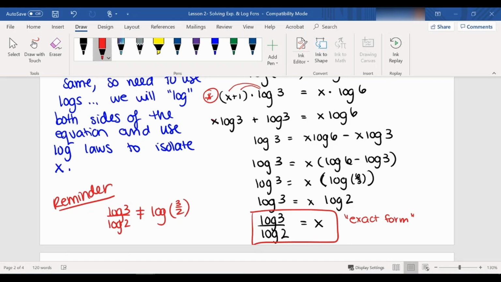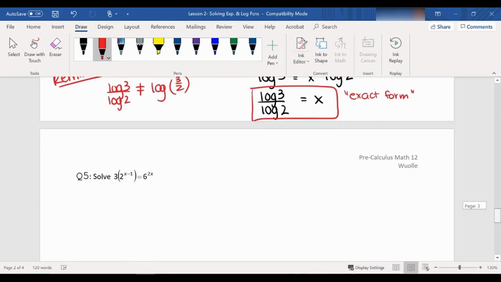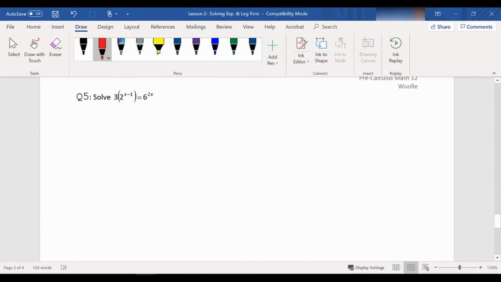So we are going to try one more, and then that will be it for today. So again, you cannot do this. That is not a rule. That is mathematically incorrect.